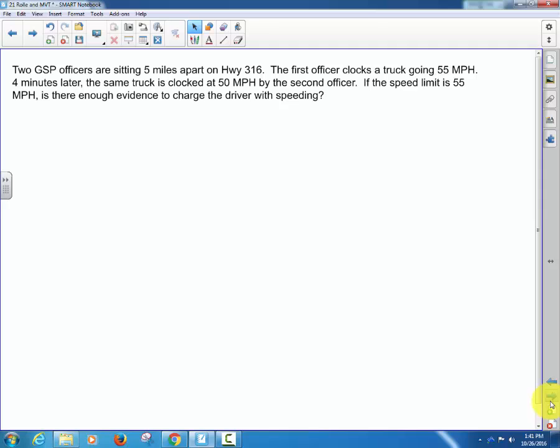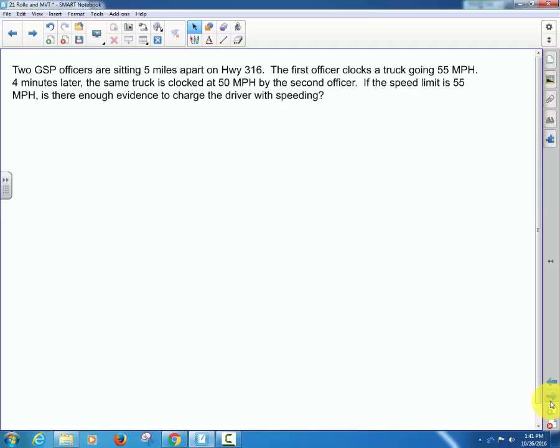First officer said he's going 55. 4 minutes later, second officer said he's going 50. And boom, they hit him with a ticket. How do you defend that? Is it defendable? Always defendable. Okay. So what do y'all think as a class maybe? Is there enough evidence to convict this guy of speeding? I mean, he was going 55 one time, he's going 50 the other.